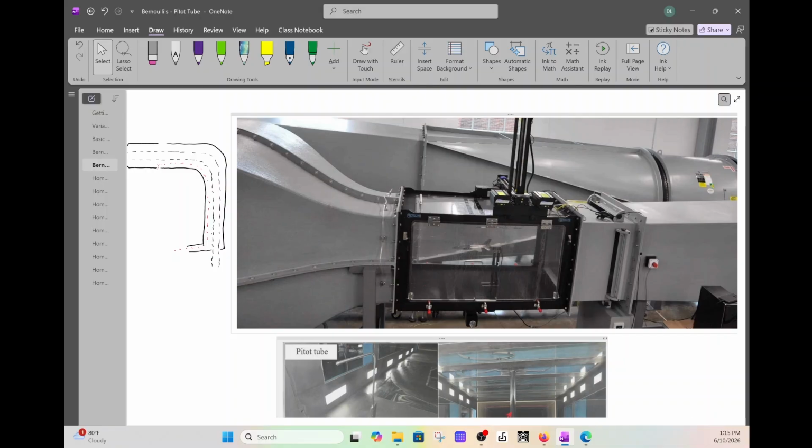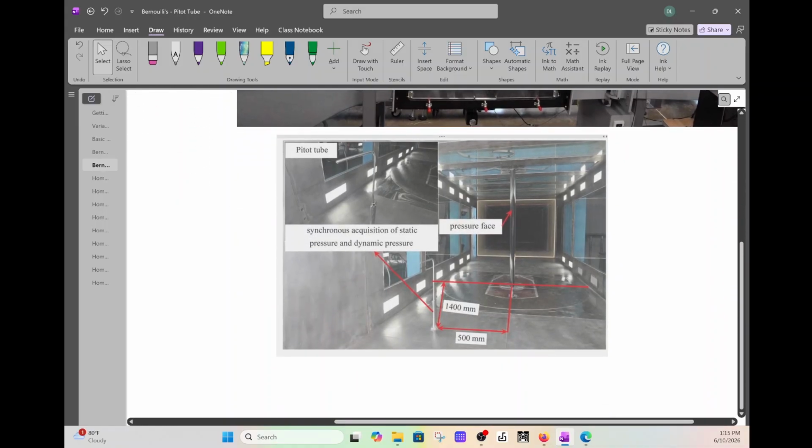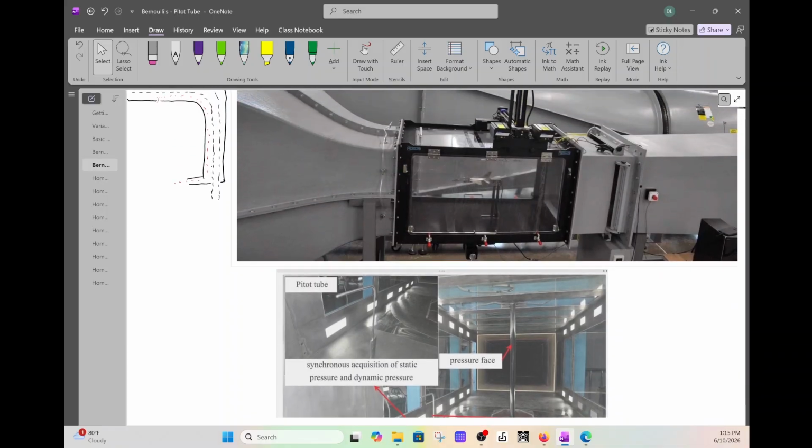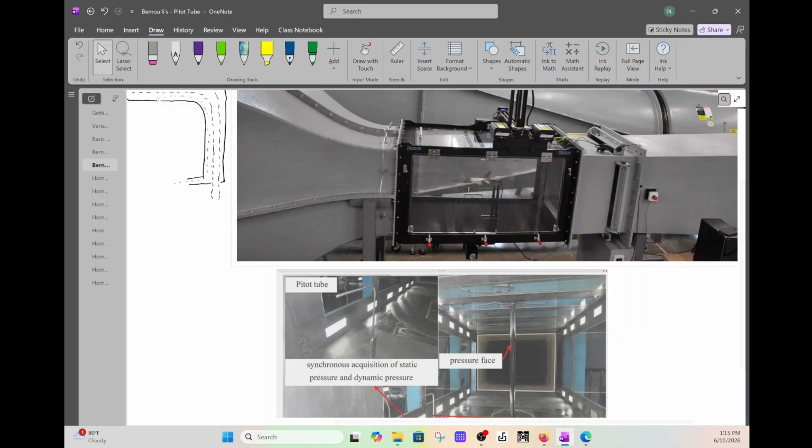Now, inside this wind tunnel, typically they put a pitot tube. It looks like this. It's a 90-degree tube inside a tube, and they put it in here. I don't know if they have one in this photo, but they probably do. They keep that in there, and they use that to calculate the speed of the air going over the jet, or the scale model.